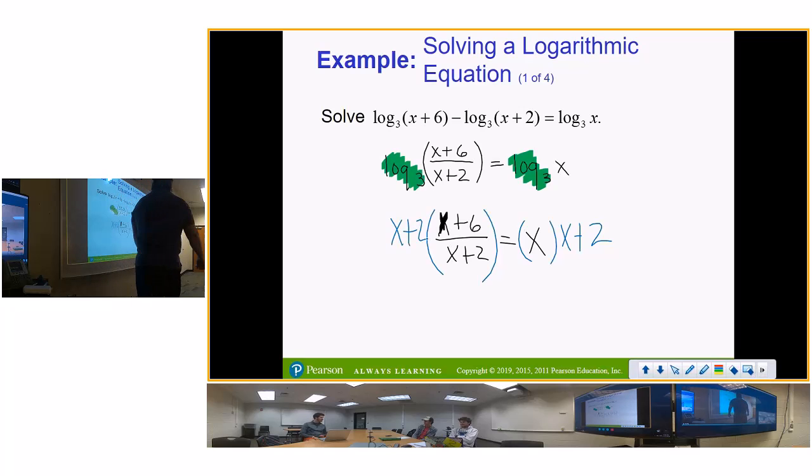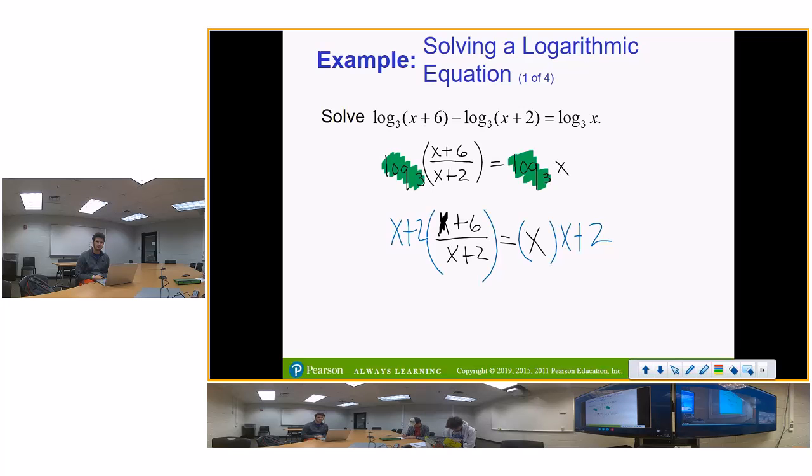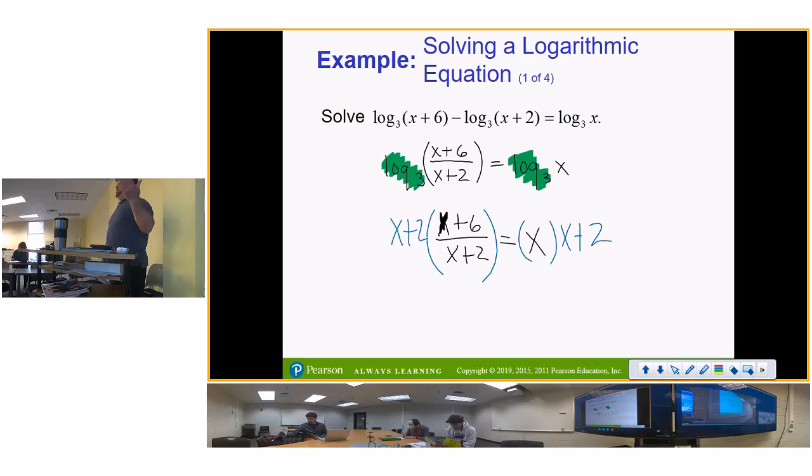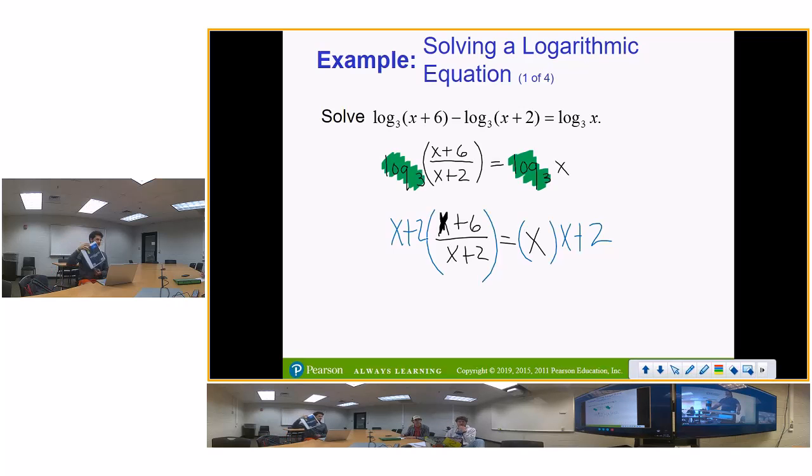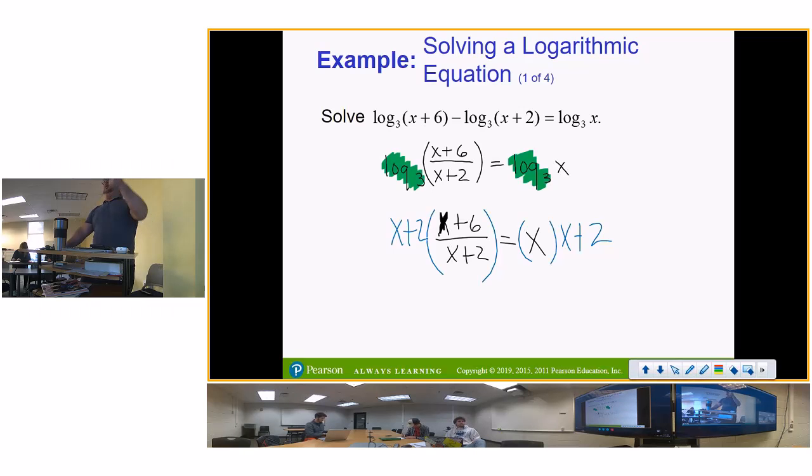Okay, now that I've given you a hint, go. Finish it. And yes, everybody in this room should be able to finish it, because this is Algebra 1, Algebra 2 stuff.